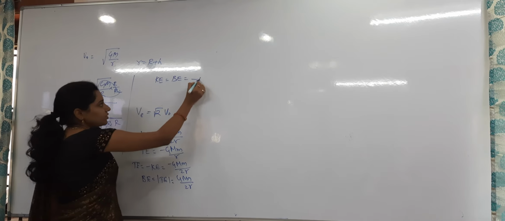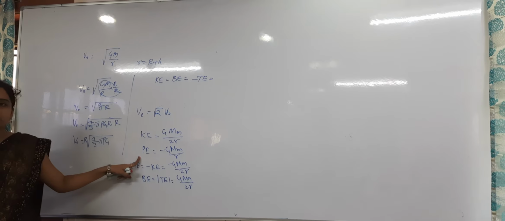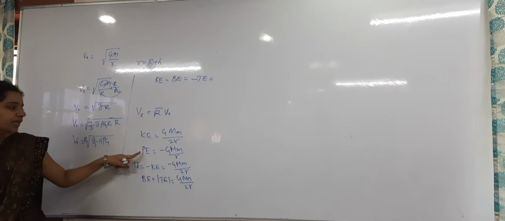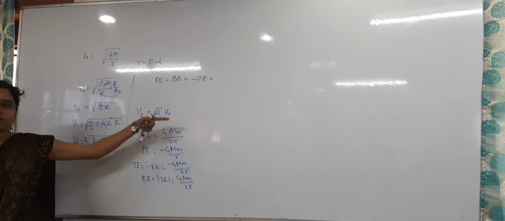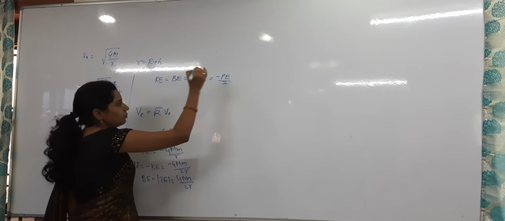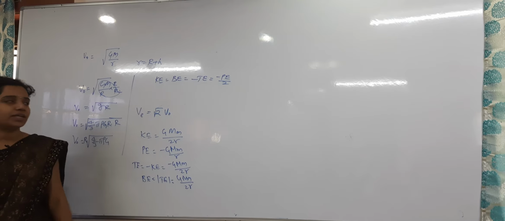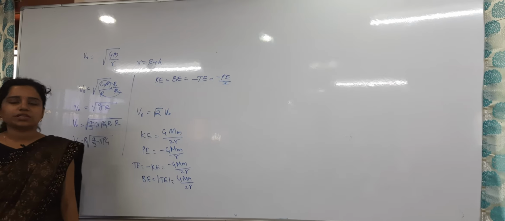So that is minus T. Again in terms of potential energy, that will be minus P divided by 2. If you do P divided by 2, you will get the same value again, so that will be minus PE by 2. I said this is very important: kinetic energy, binding energy, that is equal to minus total energy, that is minus potential energy by 2.